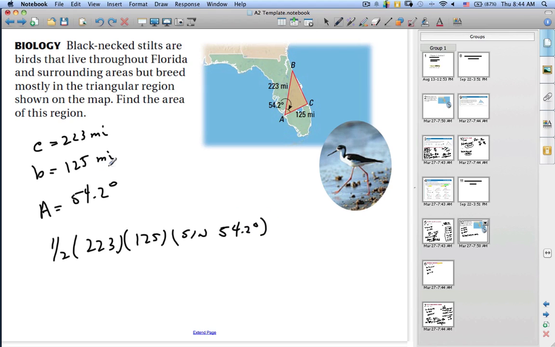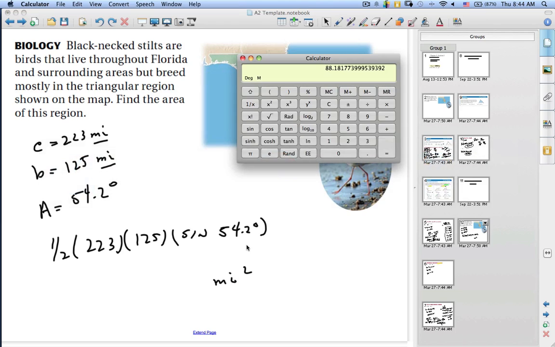My measurements are in miles, so my answer will be in miles squared. Let's go back to our calculator. I have 223 times 125 times the sine of 54.2, and then if I divide it by 2, which is the same as multiplying by half, it's 11,304.2 square miles.